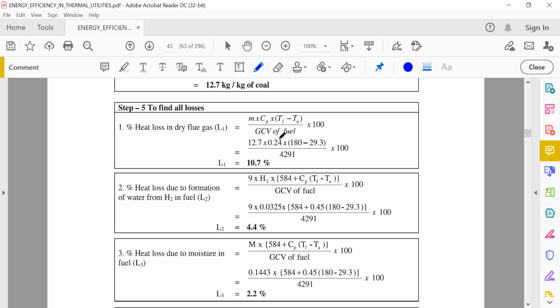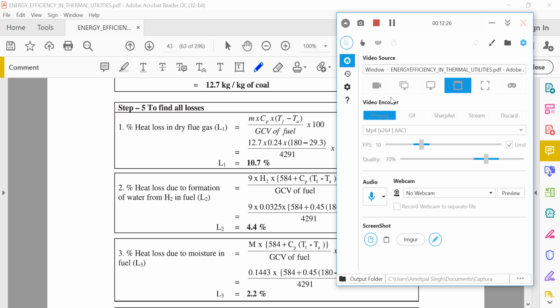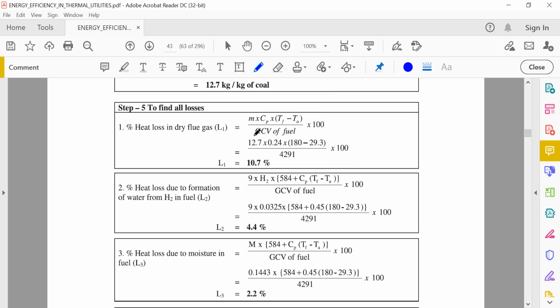Specific heat of flue gas is 0.2 kilocalorie per kg per degree Celsius, and this is the amount of flue gas that we are getting per kg of coal from here, divided by GCV of the fuel. Now this value is coming out to be 10.7%.